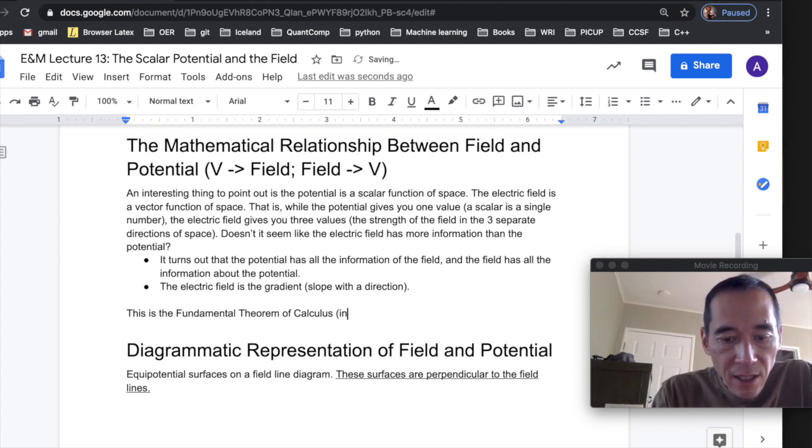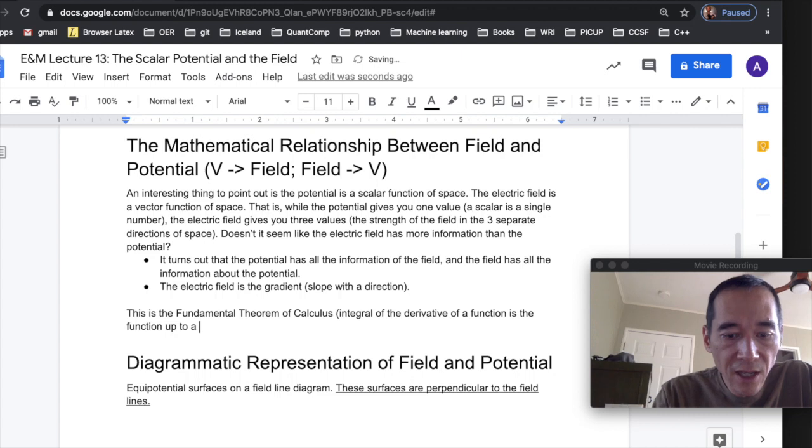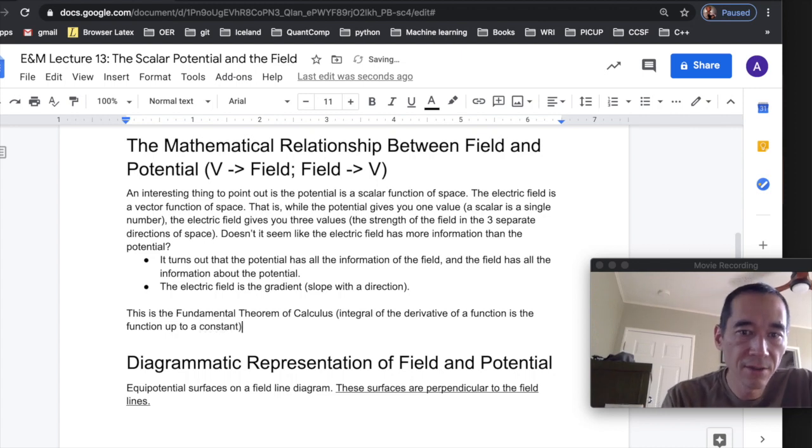Basically, the integral of the derivative of a function is the function up to a constant. Right, that's a way to say in English what the fundamental theorem of calculus is.